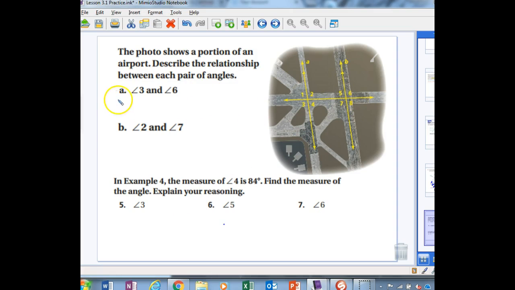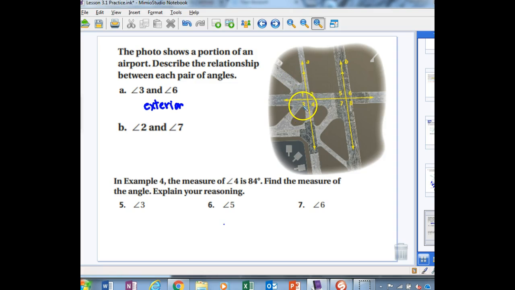Okay? So it says, describe the relationship between each pair of angles. So we're going to look at angle 3 and angle 6. What can you tell me? Are they inside the car or are they outside the car? Outside the car. So it's going to be exterior, right? These are exterior angles.